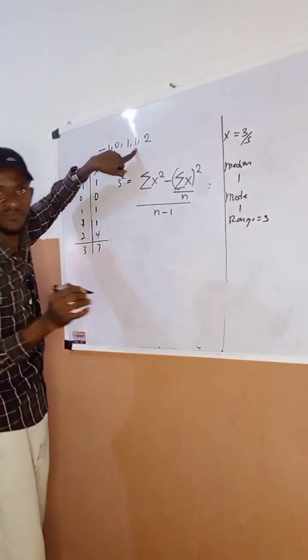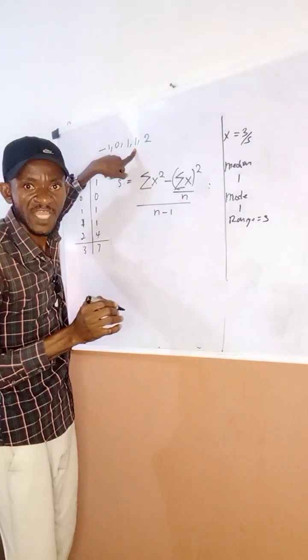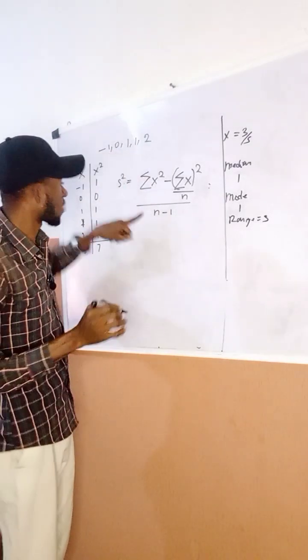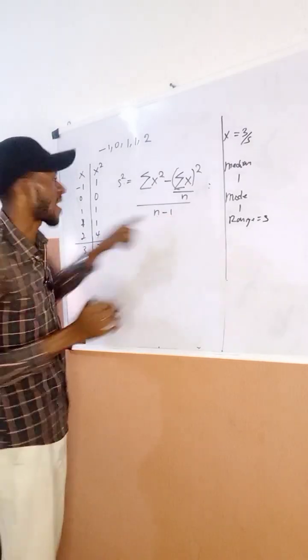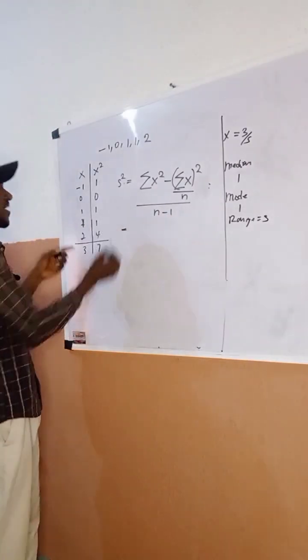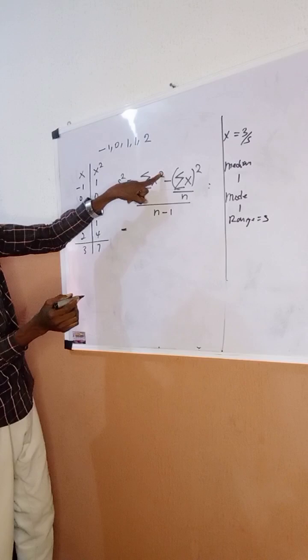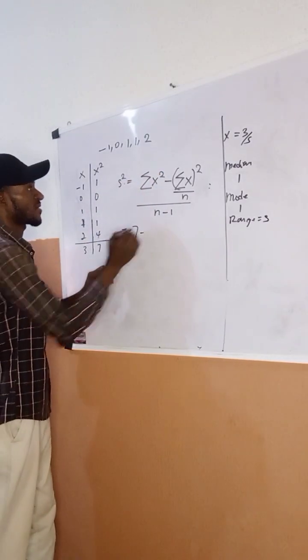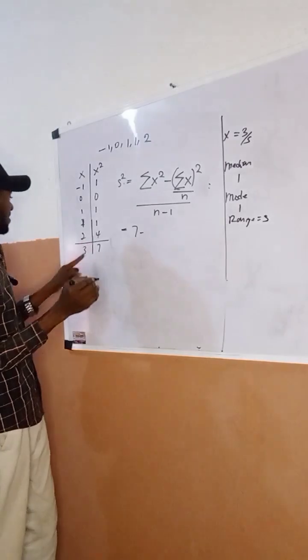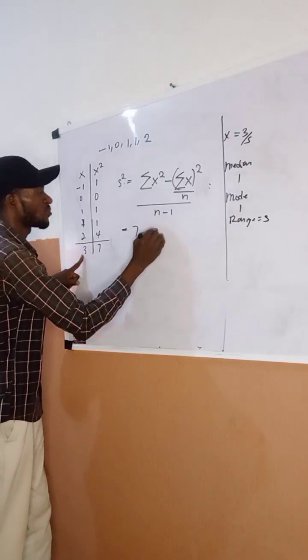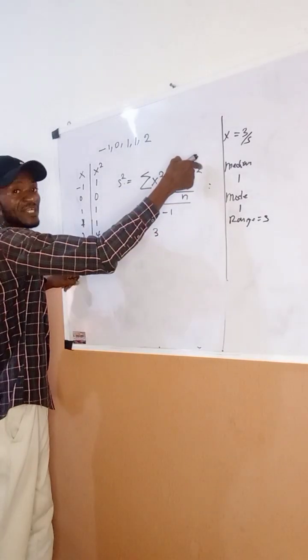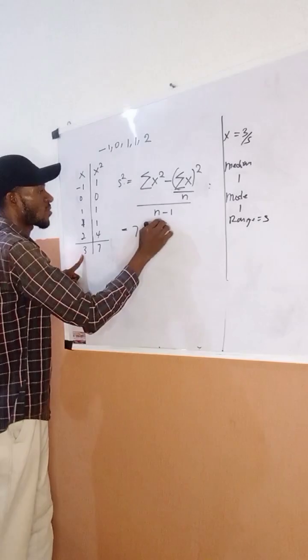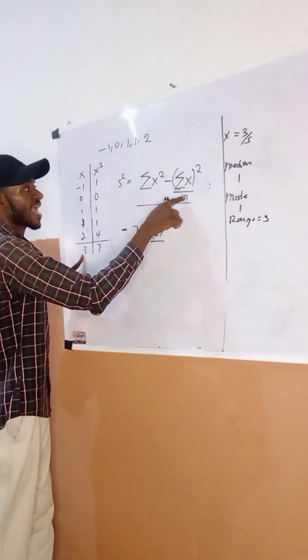Because the number of observations is not up to 30, you are going to use n minus 1. By the implication of this, anywhere I see summation of x squared, I'll put 7. So in place of this, I'll write 7 minus. Summation of x here is this 3. So I have to put 3. But that 3 is raised to power 2.